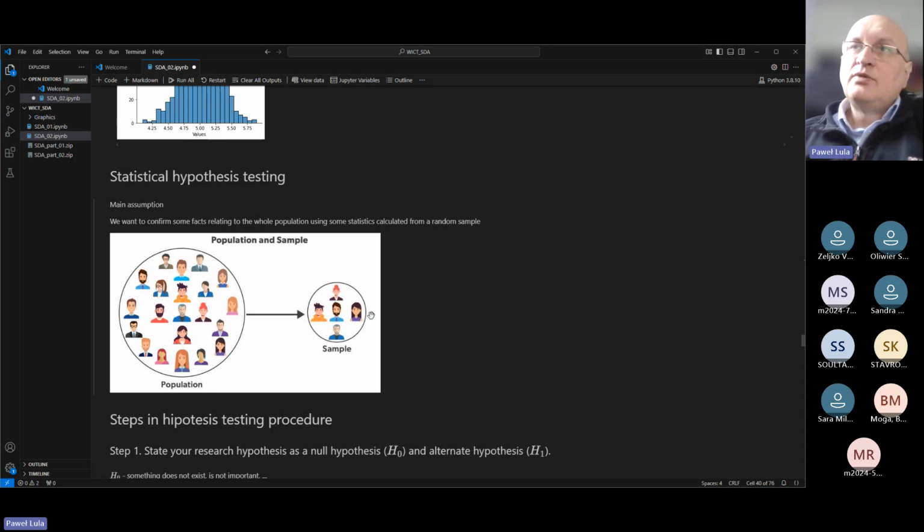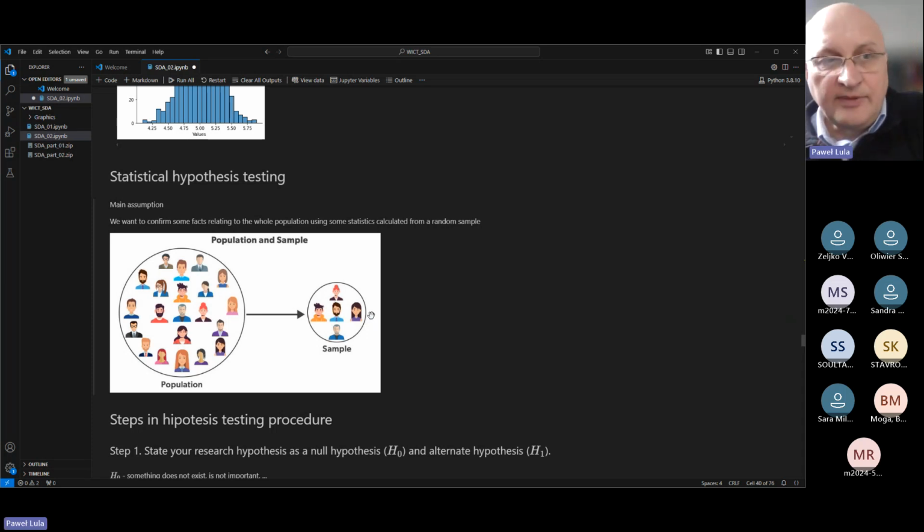And now I think we can start the second part of our meeting about statistical hypothesis testing. How to test, how to check some hypotheses, if they are true or not.